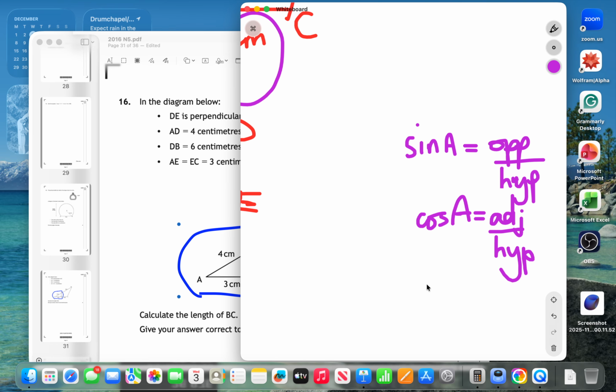The opposite one is obvious. The hypotenuse is always the one opposite the right angle. It's always the one opposite your right angle. That's an easy way to remember. Now have a look at the first letters of everything and you'll notice SOHCAHTOA is the way to remember this. So you've got SOHCAHTOA.